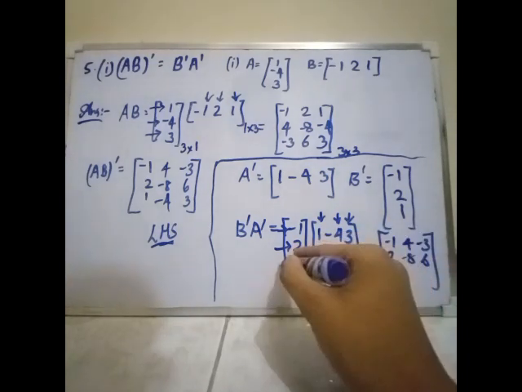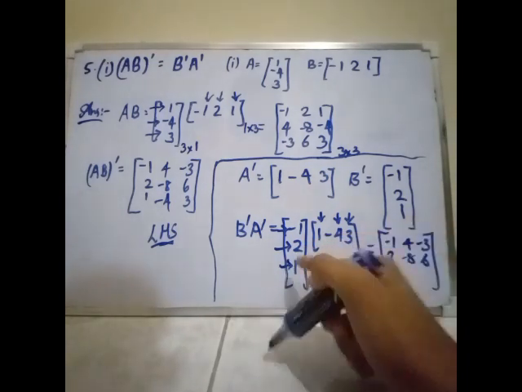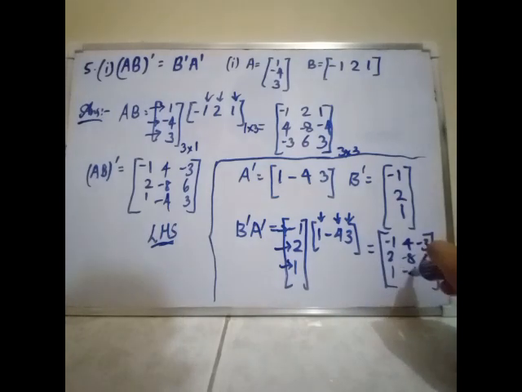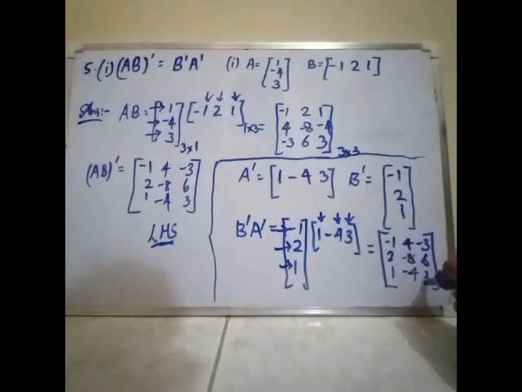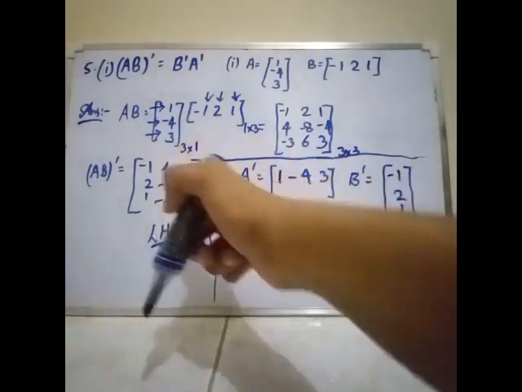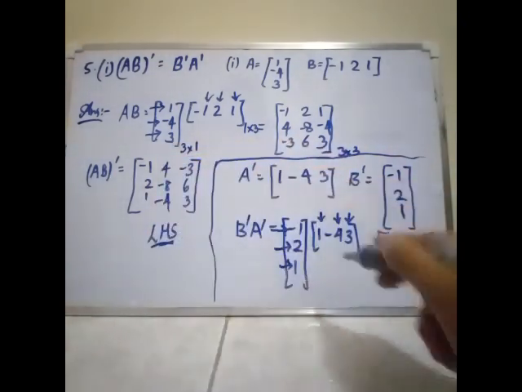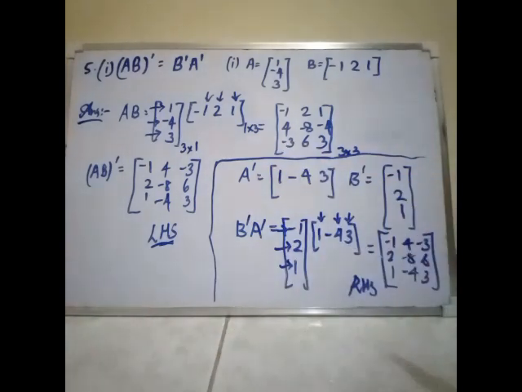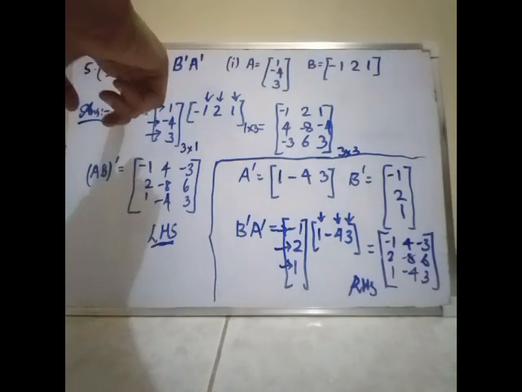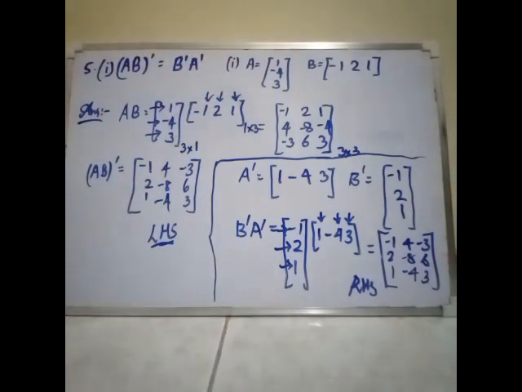Now 1 times 1 would be 1, 1 times minus 4 would be minus 4, and 1 times 3 would be 3. So if you check both these matrices, they are equal, right? So the right hand side is actually equal to the left hand side. So thus we have proved that (AB) the whole dash is equal to B dash A dash.